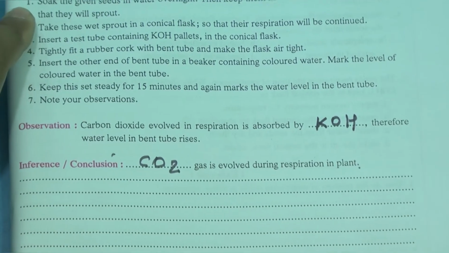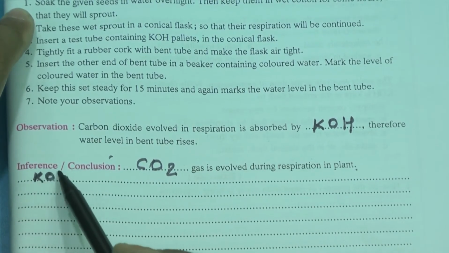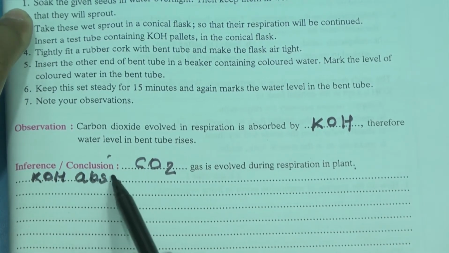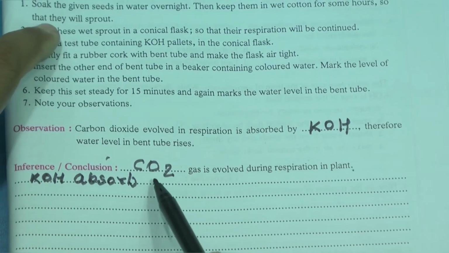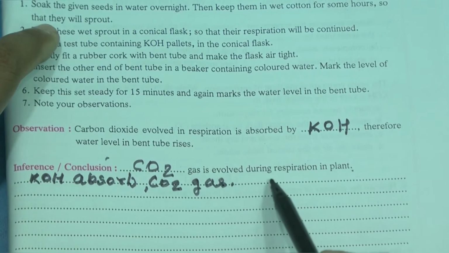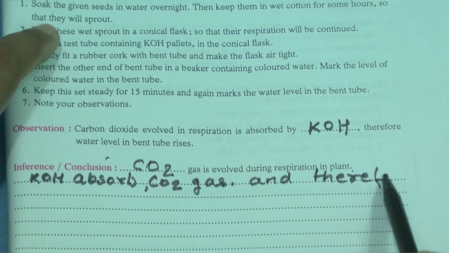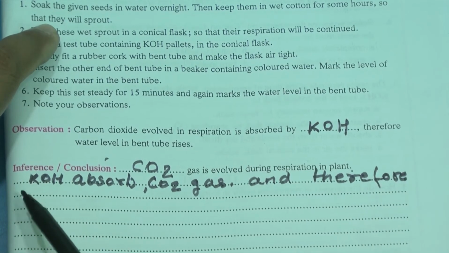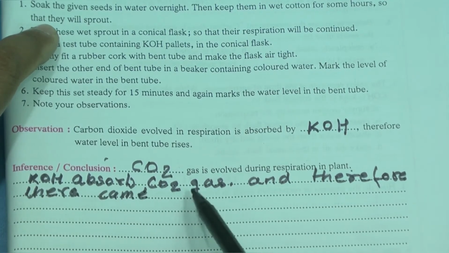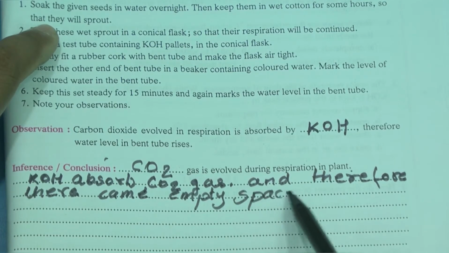See, children, there was KOH pellet in the test tube. KOH absorbed CO2 gas, and therefore there came an empty space in the flask.